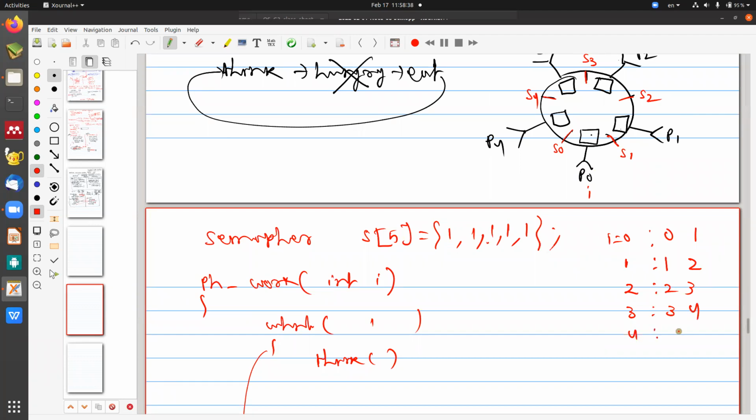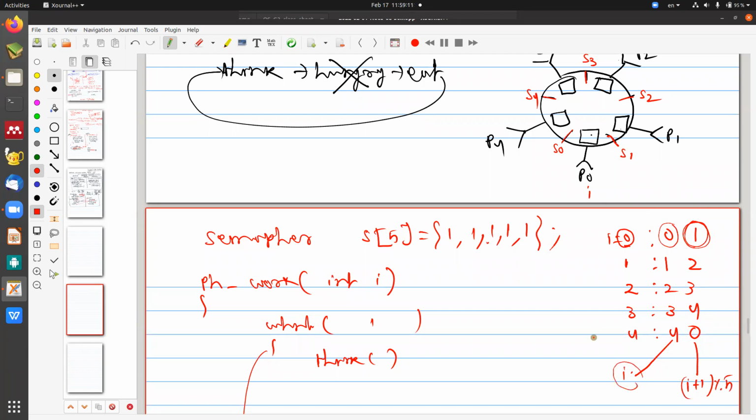If it is 4, then I need the 4th spoon and the 0th spoon. So for the ith process, he needs the ith spoon, and what is the other one? Guess. It is (i plus 1) mod 5. Yes or no? This is my i, and this is nothing but (i plus 1) modulus 5. Then every ith process needs these 2 spoons.